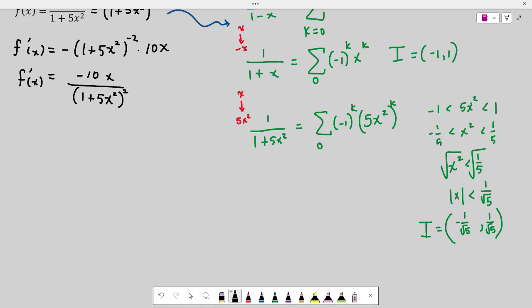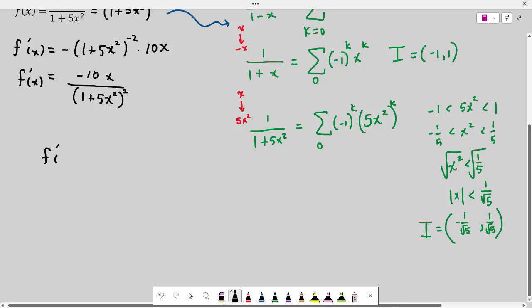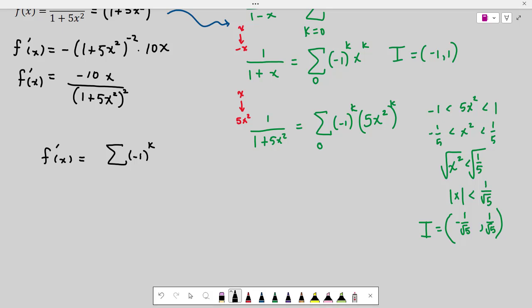All right, so now we have f right there. So f prime of x, power series for f prime, we take the power series for f and take its derivative. So we're going to take the derivative of this power series. When you take a derivative, that's a constant, -1 to the k, that just floats down, there's no x. There's just a coefficient. Now we have to differentiate this.